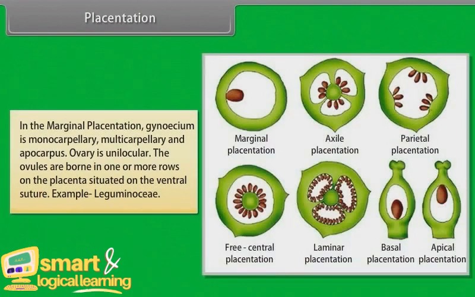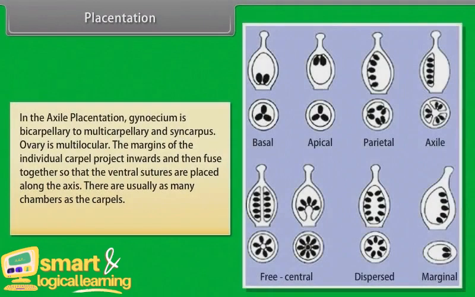In the marginal placentation, gynoecium is monocarpellary and apocarpous. Ovary is unilocular. The ovules are borne in 1 or more rows on the placenta situated on the ventral suture. Example: Leguminosae.